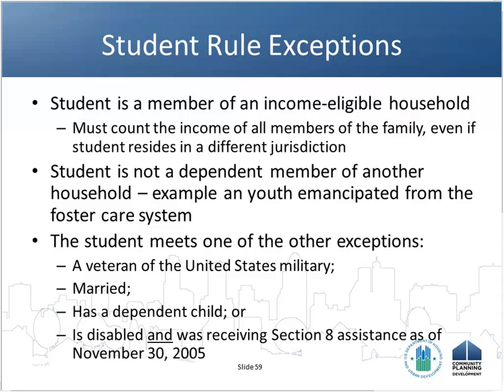If none of these exceptions apply, we then look to see whether you are part of an income-eligible household. If your family lives in another state, we're going to need to document that total household and its total income to determine whether this student was part of an income-eligible household. So it adds quite a bit of logistics to completing that determination of eligibility.